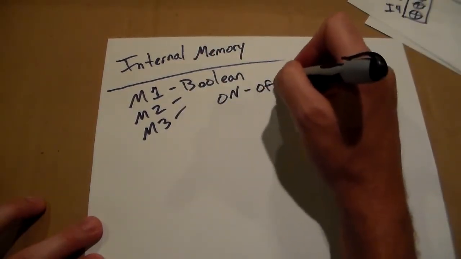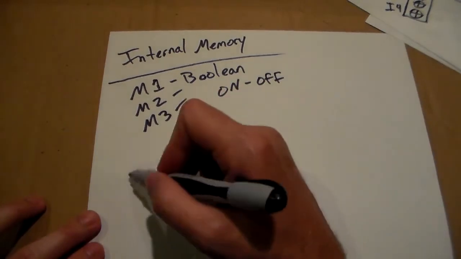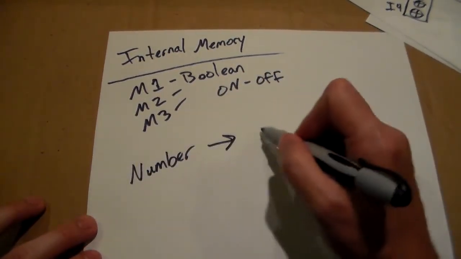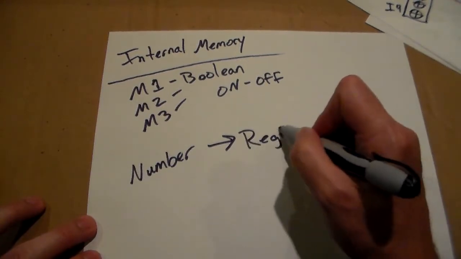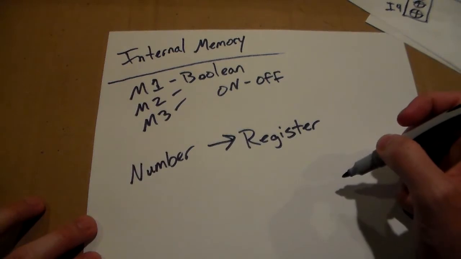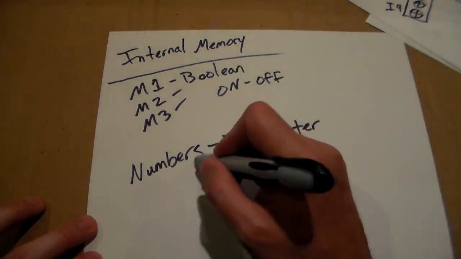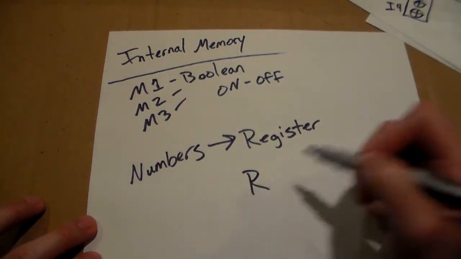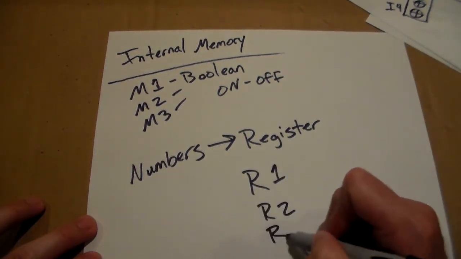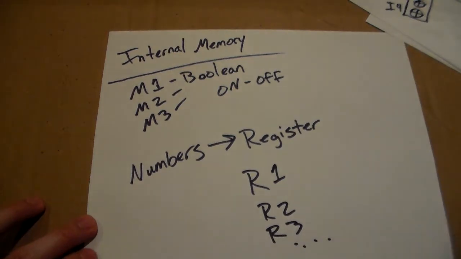That's it. If we want to store a number, we're going to put it in something called a register. And a register is just a container for holding numbers, okay? So we use the letter R. So we'll do R1, R2, R3, right? Same scheme.